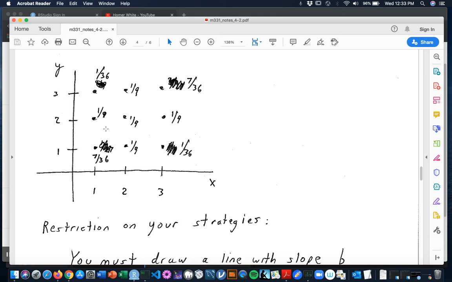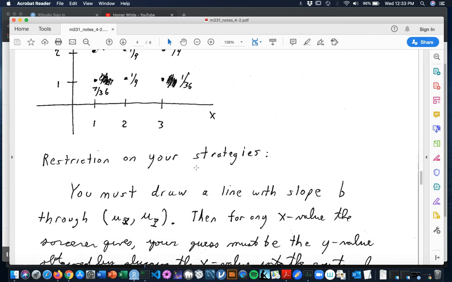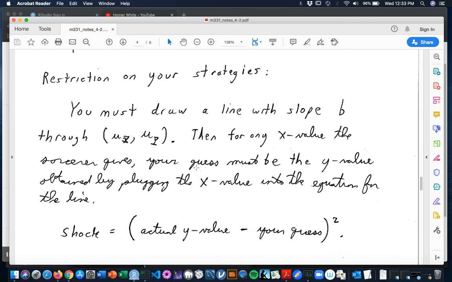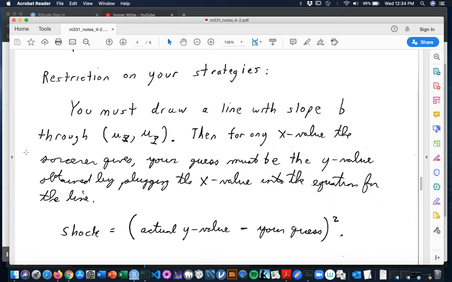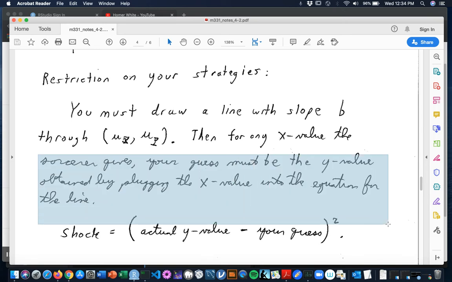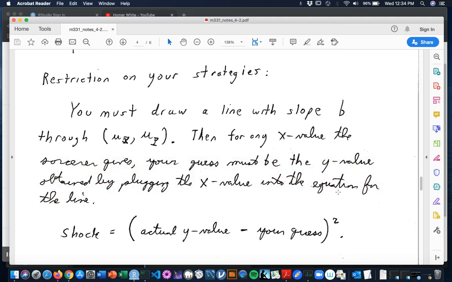So it can have positive slope, like how I'm moving my mouse now, or it could have negative slope, like how I'm moving my mouse now, okay? You get to choose. But then you've got to stick with it. For every x value that he gives the rest of the day, your guess at the y value has to be the y value that you get by plugging the x value into the equation for that line.